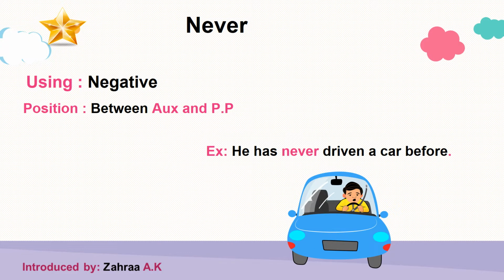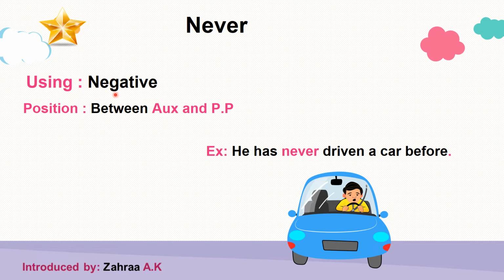Another adverb is never. The meaning of never is not any time or not any occasion, معناها أبدا. We also use it as an adverb in the present perfect in a negative way.